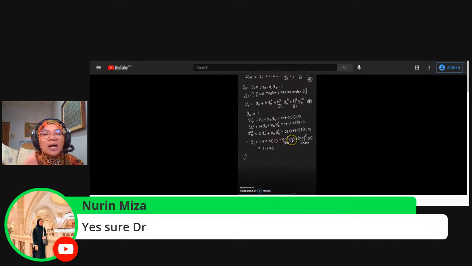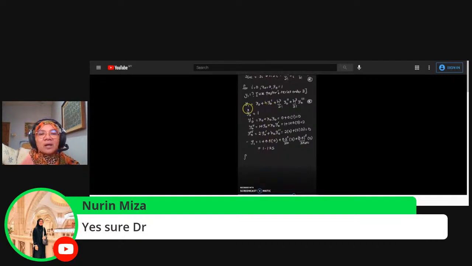You will get y1 equal to y naught plus h y naught prime plus h squared divided by 2 factorial y naught prime prime plus h cubed divided by 3 factorial y naught prime prime prime, the third order derivative. Insert all the values from the single step. We still call this a single step, because you just depend on one equation. So you can get 1.125.